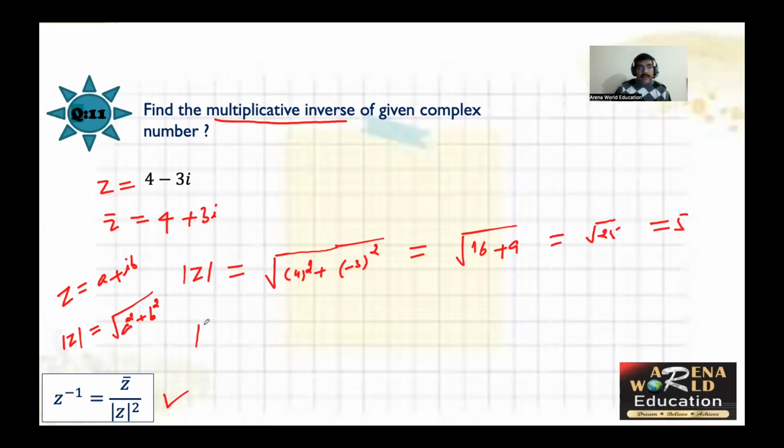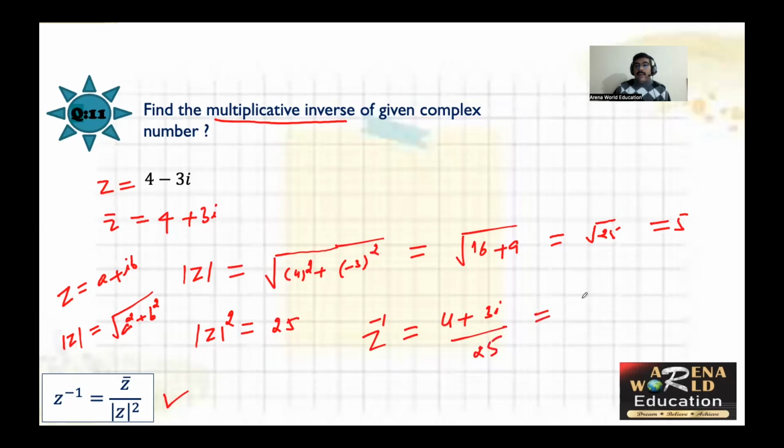We need modulus Z square, so this will be 25. Now finally you can find the inverse. Conjugate of Z was 4 plus 3 iota, and modulus Z square was 25.